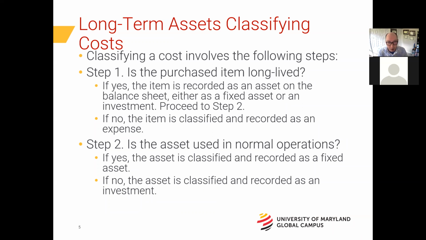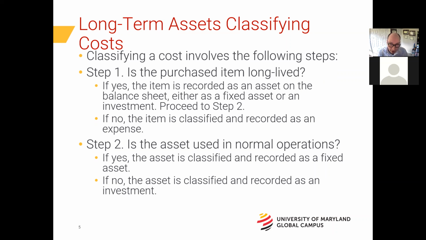In step 1, if the asset is long-lived, we classify it on the balance sheet as a fixed asset or an investment. The difference between the two is that if a long-term asset is classified as a fixed asset, it is used by the business to generate revenue.